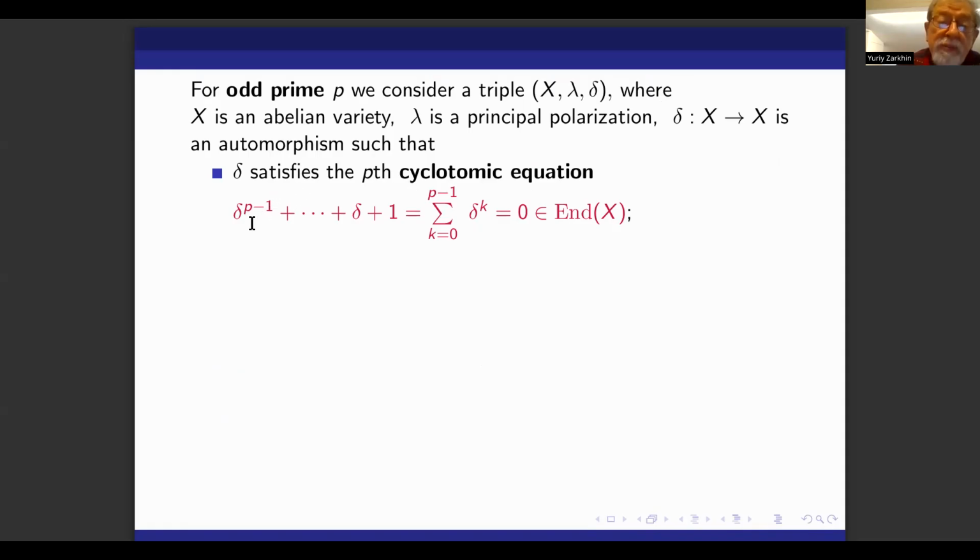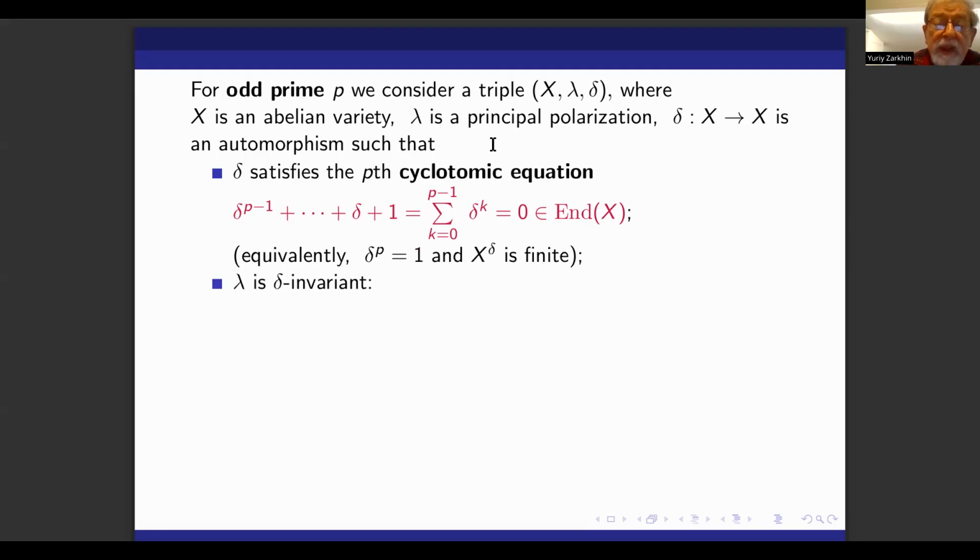Again, p is a prime. The p-th cyclotomic equation: delta^{p-1} + delta^{p-2} + ... + delta + 1, which is just the sum of powers of delta from k=0 to p-1, is 0 as an endomorphism of X. This condition is equivalent to the fact that the p-th power of delta is the identity map and the set of fixed points of delta is finite. So these conditions are equivalent.